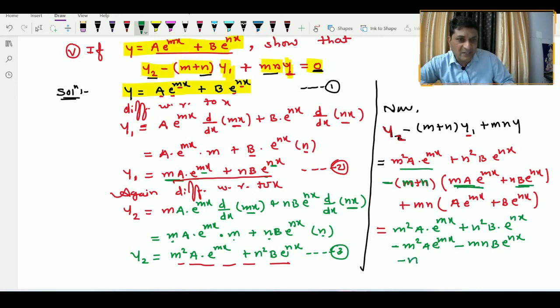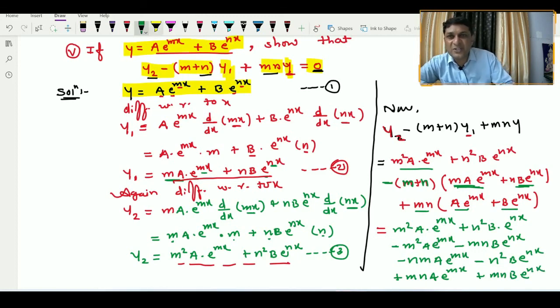So minus nm a e^(mx) minus n square b e^(nx). Now multiply by mn to both the terms in this bracket. So plus mn a e^(mx) plus mn b e^(nx).